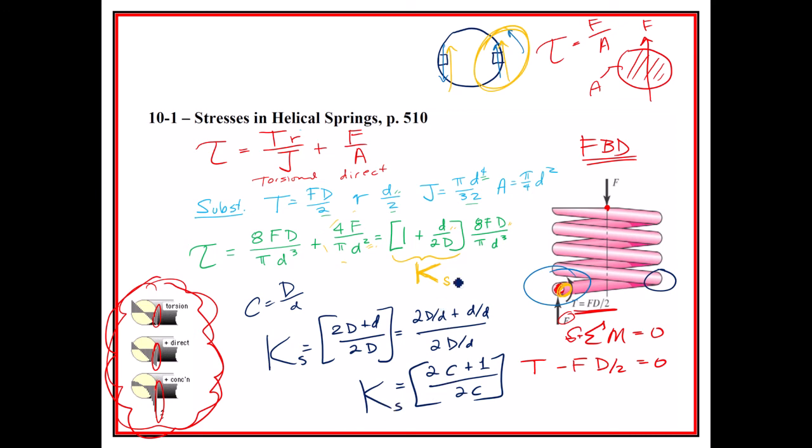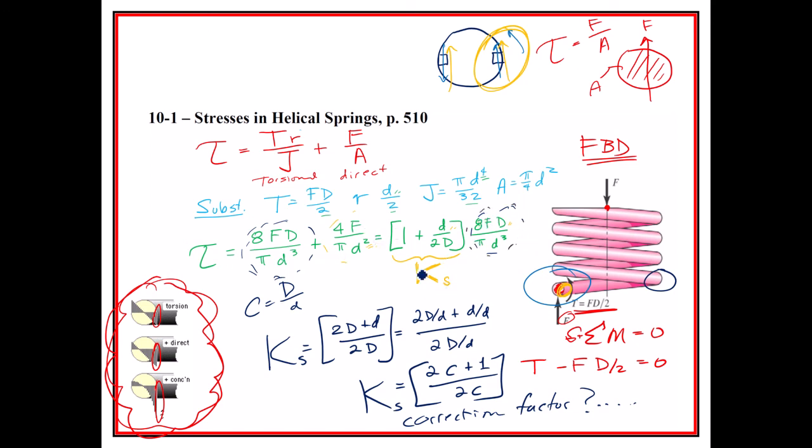So we could think of this Ks as like a correction factor. What is it correcting for? Well, if we're looking back over here, we could see that this right here is essentially the same thing as this equation.